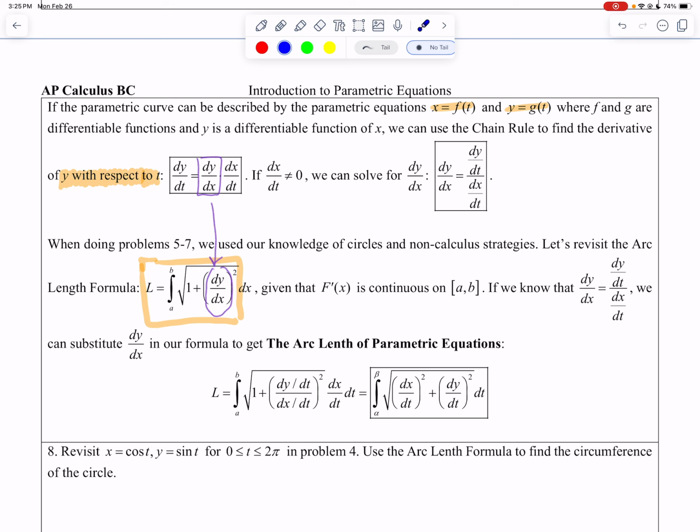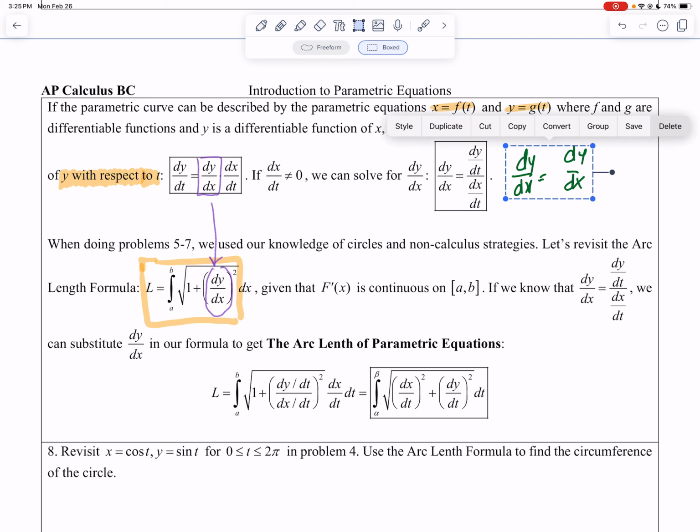Well, if I solve for dy dx, that's just me dividing dy dt by dx dt to get dy dt over dx dt, which, if you think about it, kind of makes sense because if I were to think about this as fractions, which technically they are not, notice how the dt's will go away and then you're just left with dy dx. So that's one way to remember it.